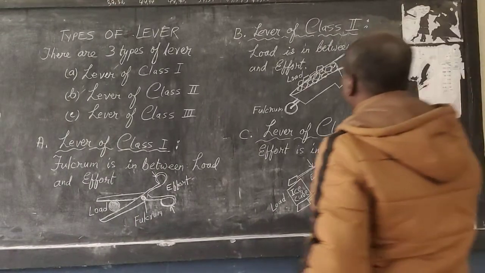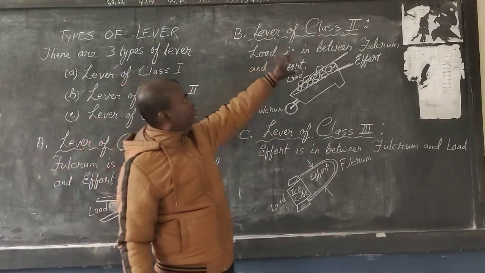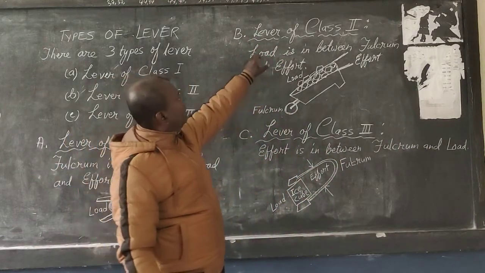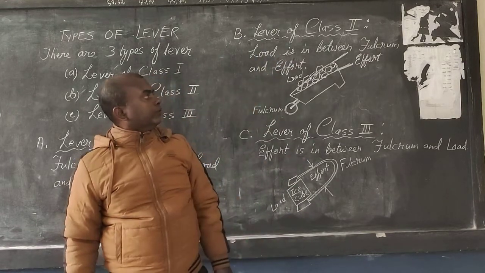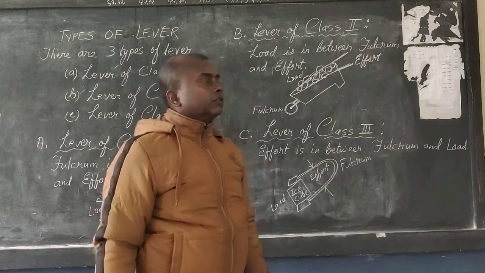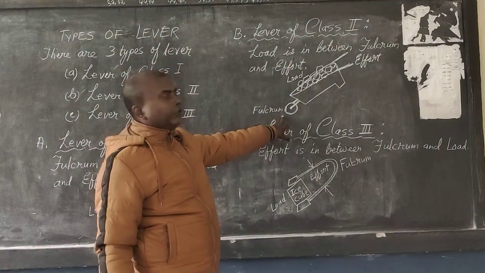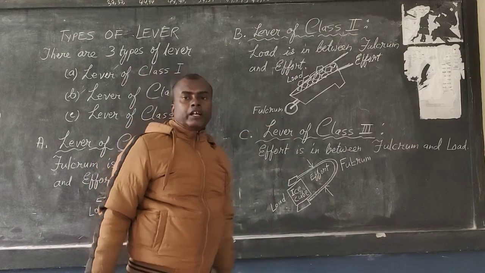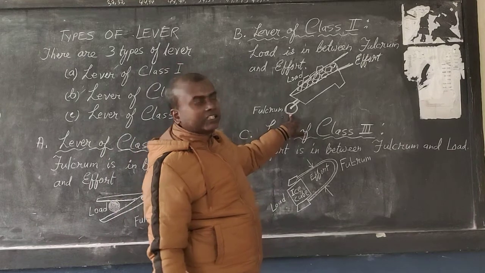Now the next class of lever is lever of class 2. In lever of class 2, load should be in between fulcrum and effort. In between fulcrum and effort. So for this purpose, I have given an example of a wheelbarrow. In common language, you say thela gadi. In Bangla, thela gadi.